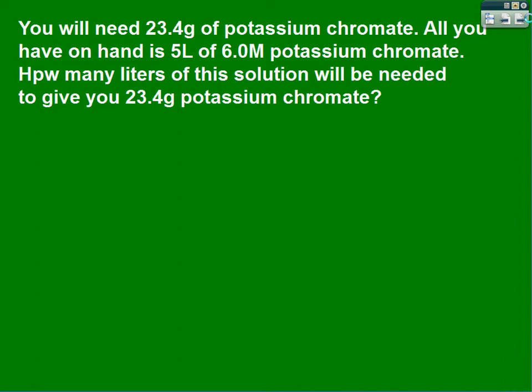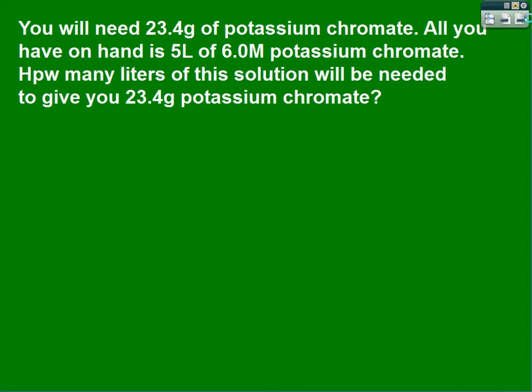I especially like this question for this class because y'all have been having issues with some things not dealing with chemistry, but dealing with English and sentence structure. You will need 23.4 grams of potassium chromate. All you have on hand is 5 liters of a 6 molarity potassium chromate solution.